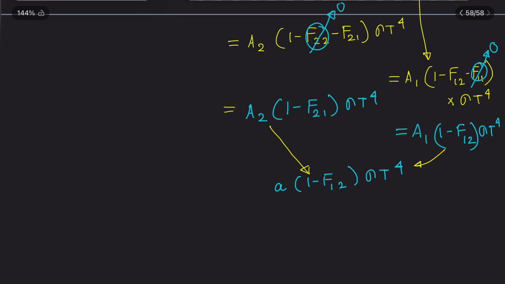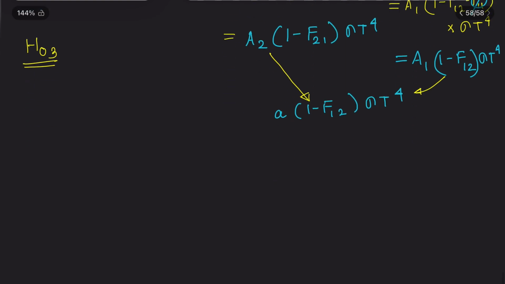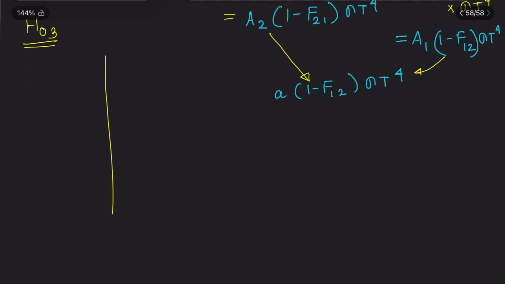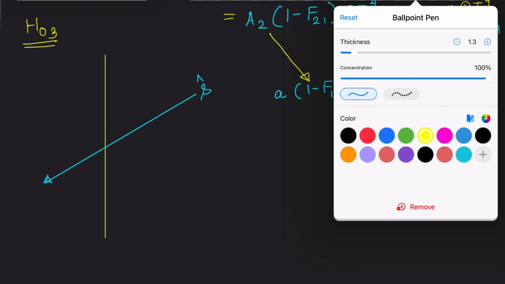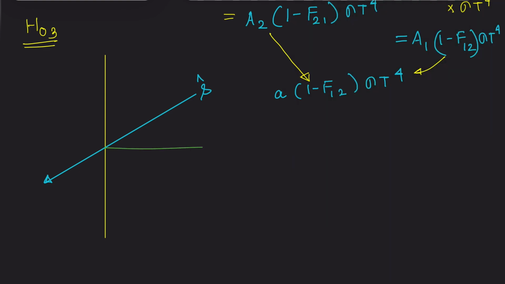So, finding HO3. This is my surface 3. I am drawing an exaggerated view. And this is my irradiation Q sol. This is the S cap, and this is the N3 cap.